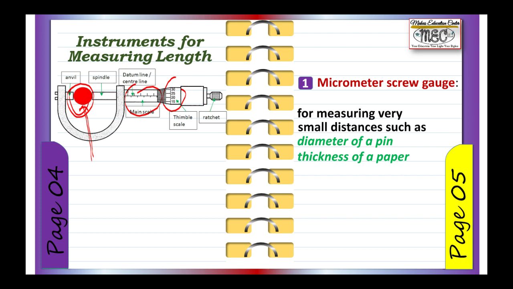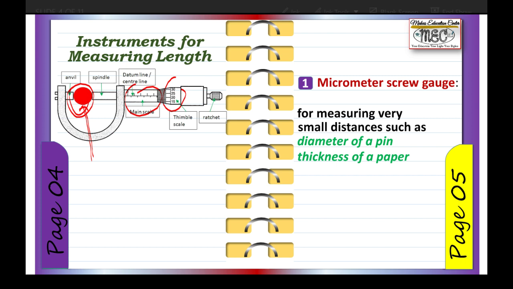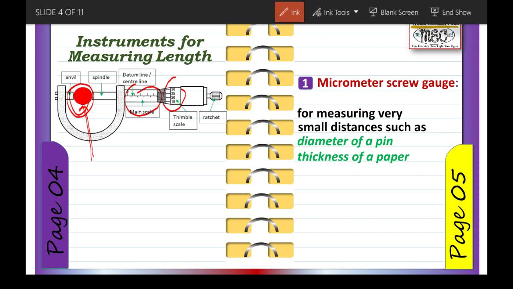So a micrometer screw gauge is used for measuring very small distances. If they ask you what can we measure using a micrometer screw gauge, because micrometer means very small, you are also going to choose very small distances, like a diameter of a pin, like a thickness of a paper.